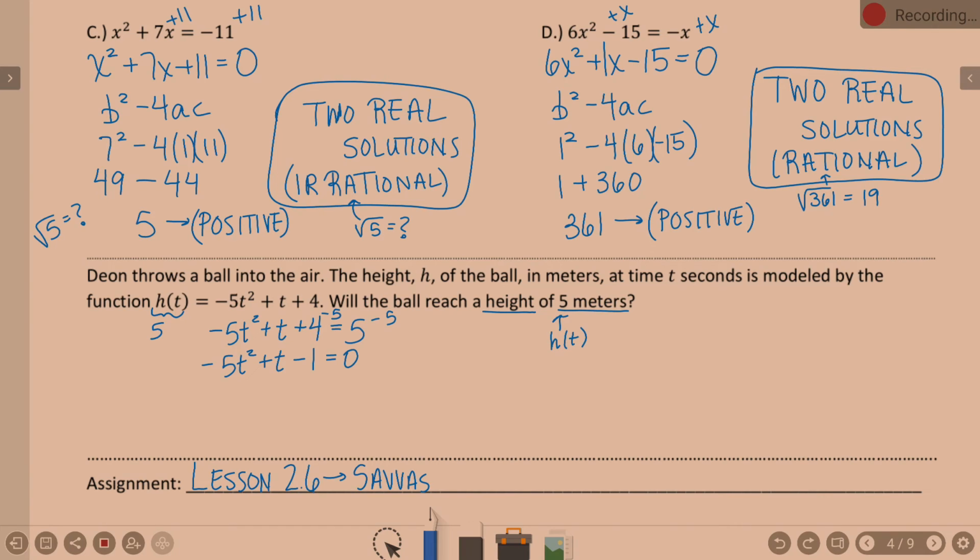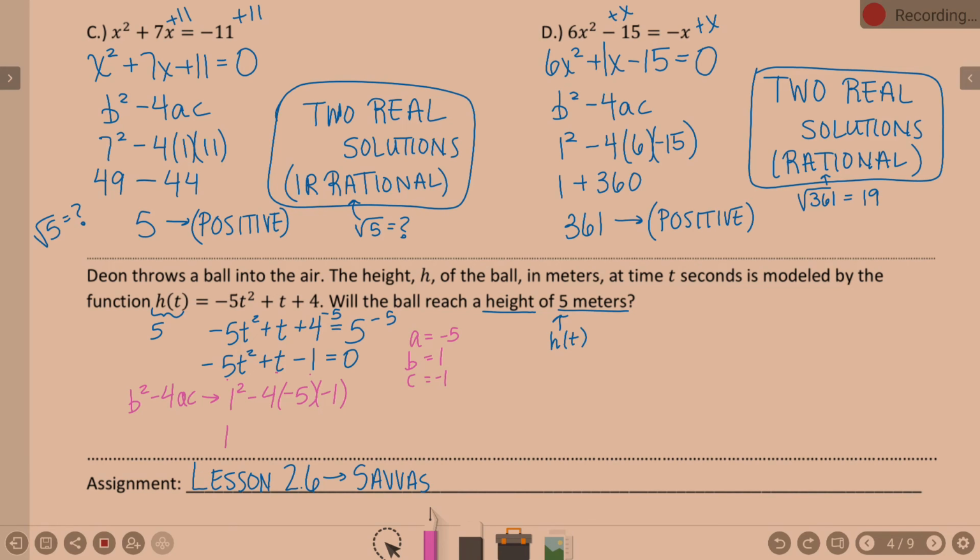Based on that, I'm going to write down my ABCs. A is negative 5, B is 1, and most importantly, C is negative 1. Okay, so B squared minus 4AC. 1 squared minus 4 times negative 5 times negative 1. 1 squared is 1.